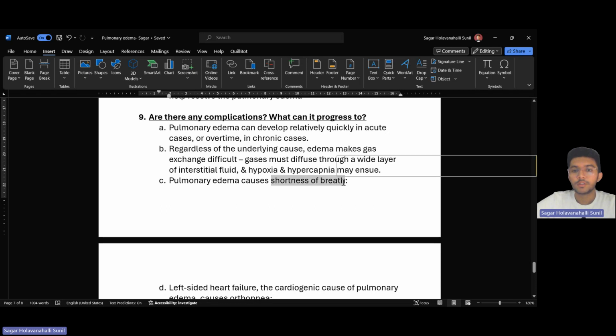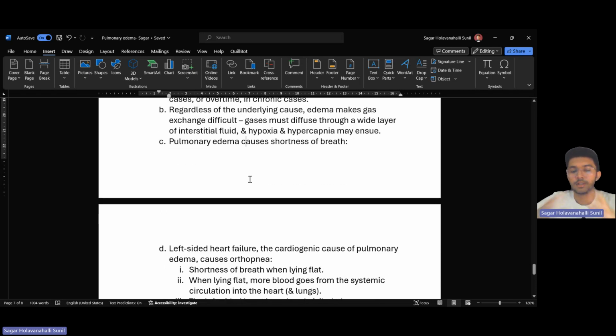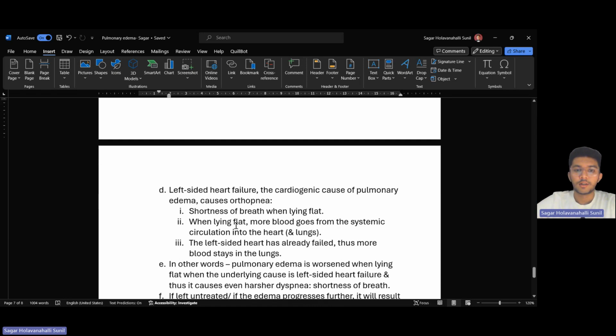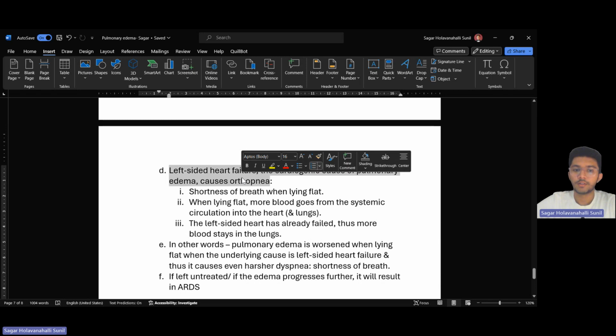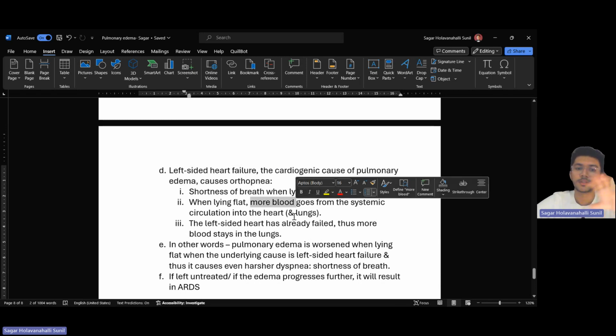And then there'll be shortness of breath because the lung is not able to expand and contract properly. And of course, they have to breathe faster. So together there'll be shortness of breath. And also, when there is some left-sided heart failure, for example, more blood goes into systemic circulation into the heart and therefore into the lungs because you're lying flat. So you have redistribution of fluid.